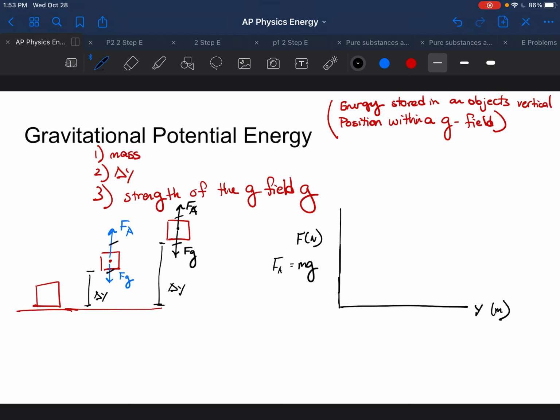So the force itself is constant as the vertical position increases. Well, typically we look at slope and area. There's no slope here, so not particularly helpful. So what about the area?